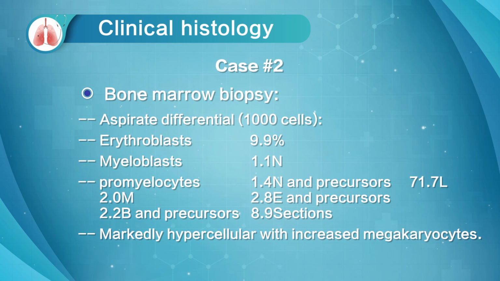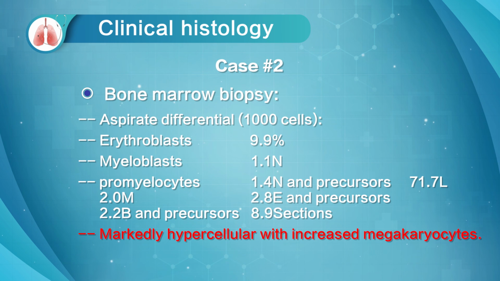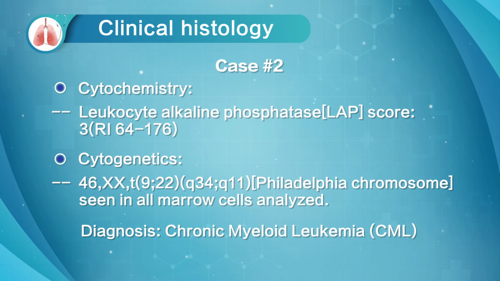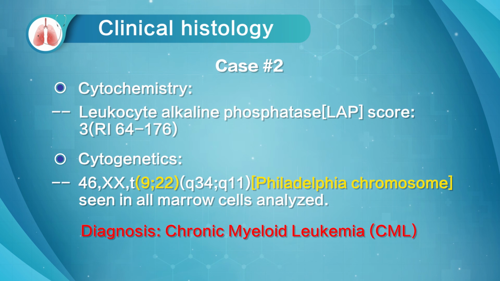Bone marrow biopsy showed markedly hypercellular with increased megakaryocytes, and cytogenetics test found translocation between chromosomes 9 and 22, which is known as the Philadelphia chromosome, and 90% of chronic myeloid leukemia patients carry this mutation. This mutation will cause uncontrolled myeloid cell proliferation, and the patient was diagnosed with CML.